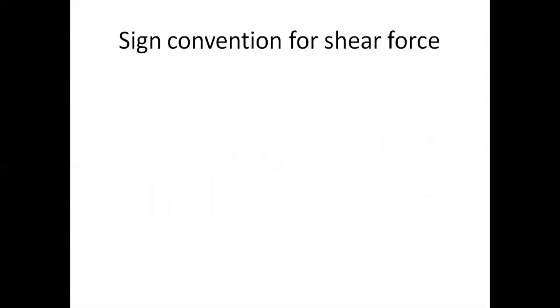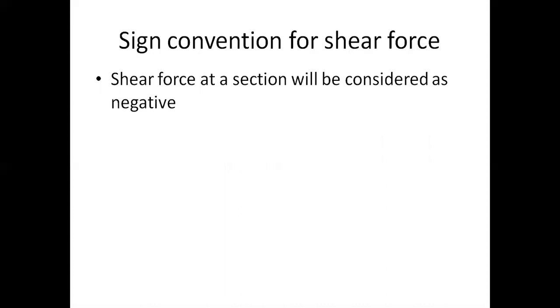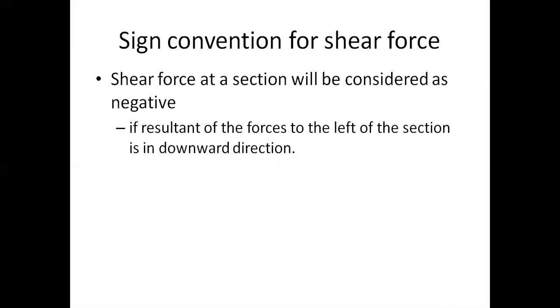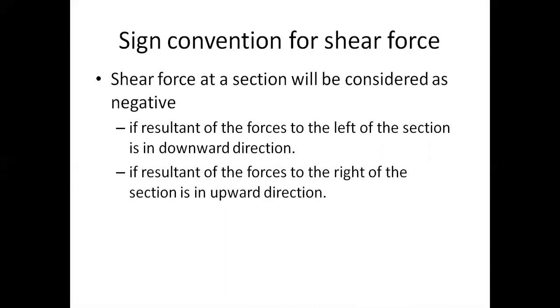Now, shear force at a section will be considered negative just opposite to what we have discussed. If the resultant force on the left-hand side is in the downward direction, that means left and downward, then it is negative. And if we take the resultant force on the right and upward direction, then it is also negative.